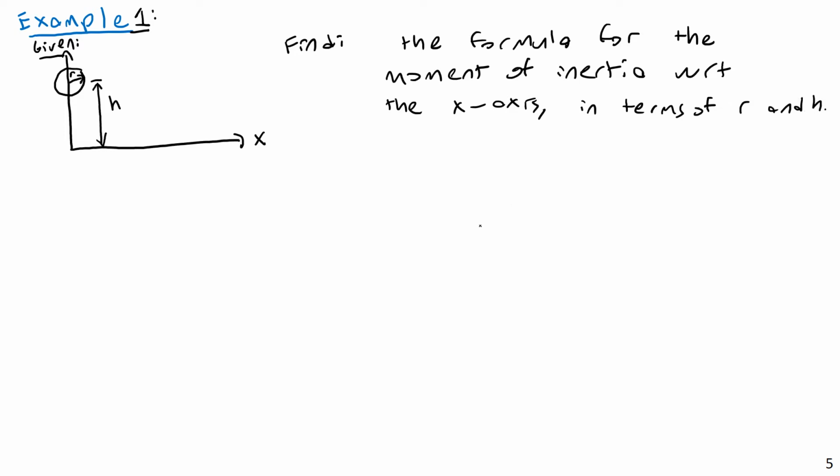Those are the two defining geometric characteristics of the system. Again, we're looking at this circular area here, and I'm trying to find the moment of inertia of this thing with respect to the x-axis.